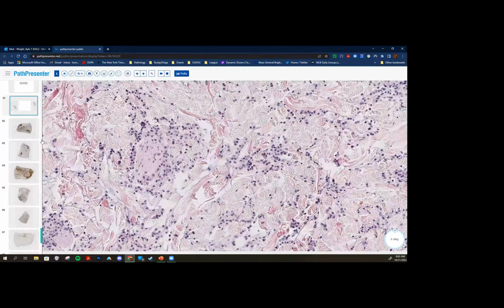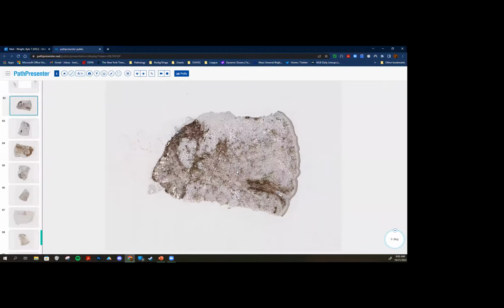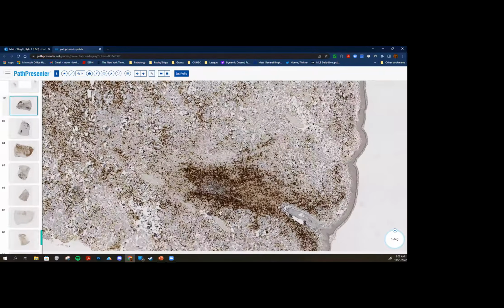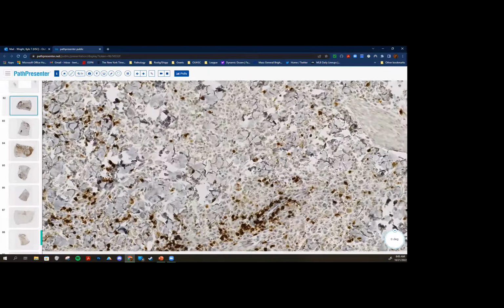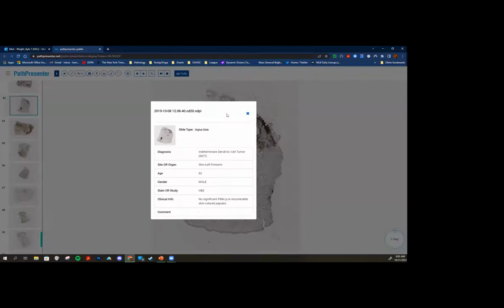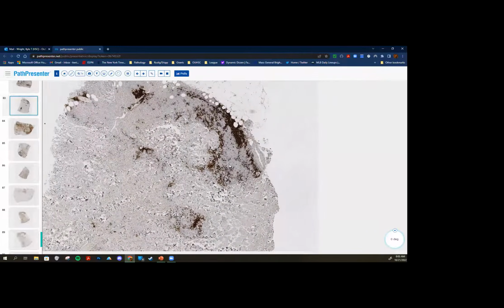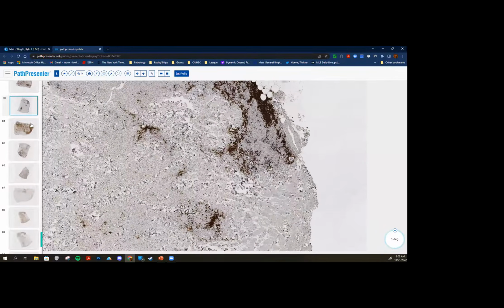Some of the immunos are actually more impressive for the lesional cells than the H&E even. This is a CD3, so there's an admixture of some T cells in here. It's part of this inflammatory response, but the lesional cells are pretty much negative. CD20, so like CD3, there's some foci of B cells, but the lesional cells by and large are negative.